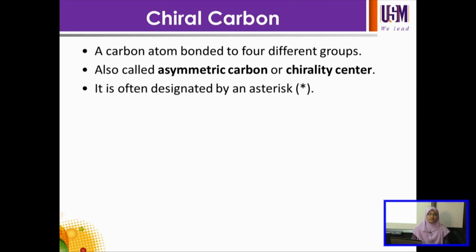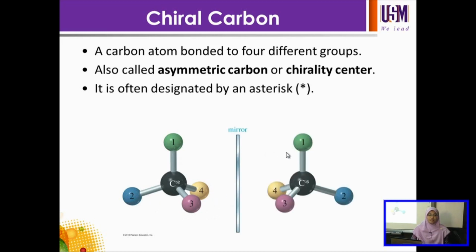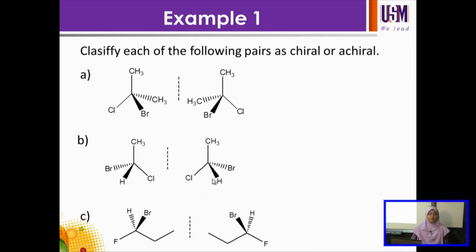It is often designated by an asterisk. We can label the chiral carbon as a star. So for example, here we have a chiral carbon with a star that is attached to 4 different groups, and this is its mirror image. So now we have a pair of enantiomers.